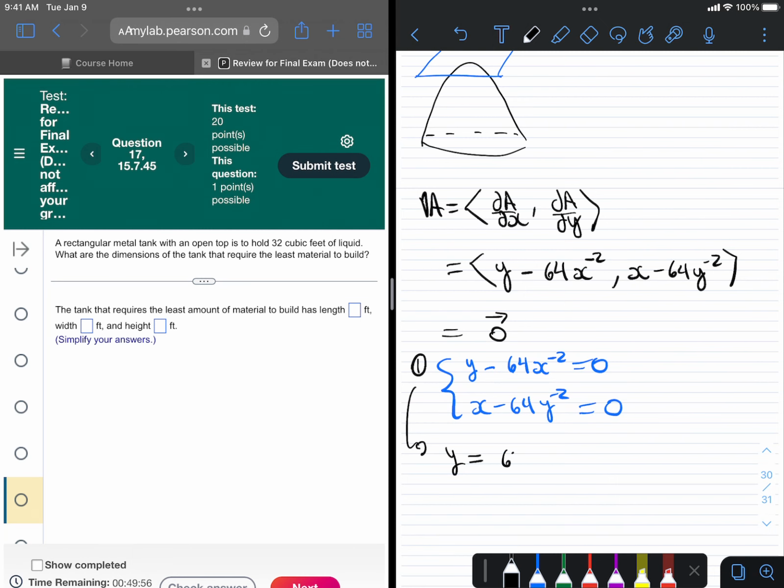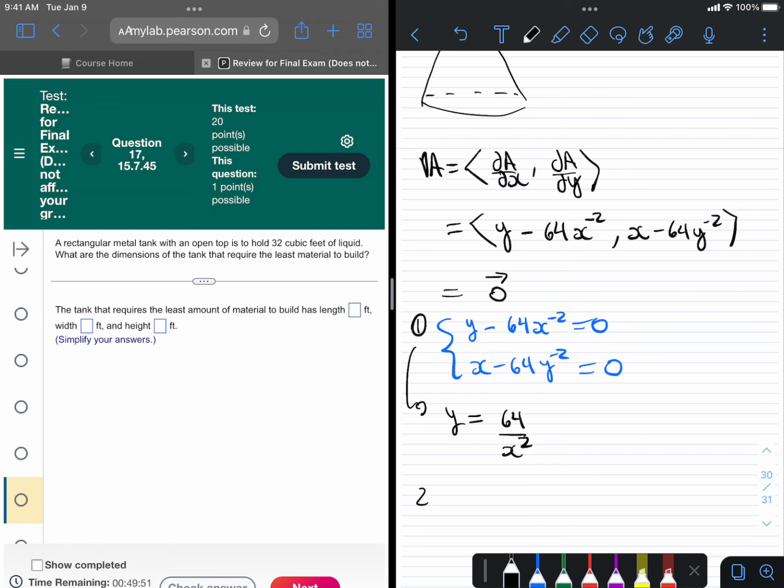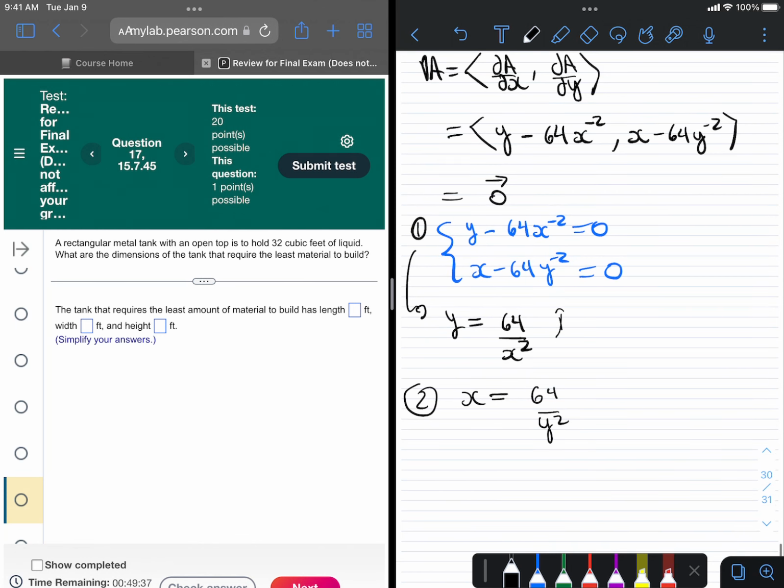y equals 64 over x squared. And if I then plug this back into equation 2, which says x equals 64 over y squared, that will give me x equal to 64 over, x squared. So I'm plugging in y as this into the second equation.